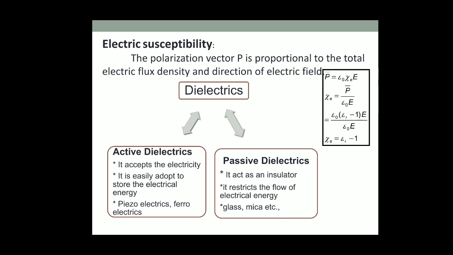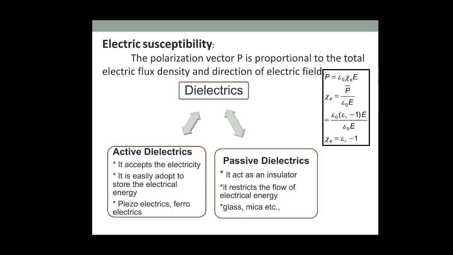So psi E is equal to P by epsilon naught E. P has the value epsilon naught into epsilon r minus 1 into E. So epsilon naught E cancels in both numerator and denominator. So psi E is equal to epsilon r minus 1. So these are the fundamental definitions.